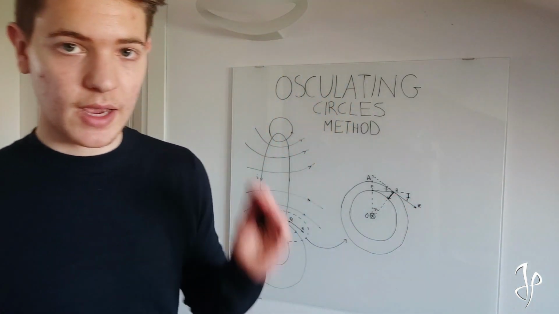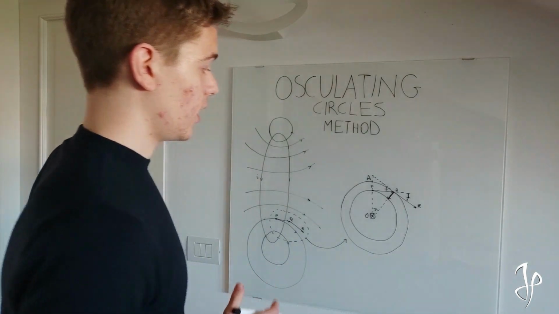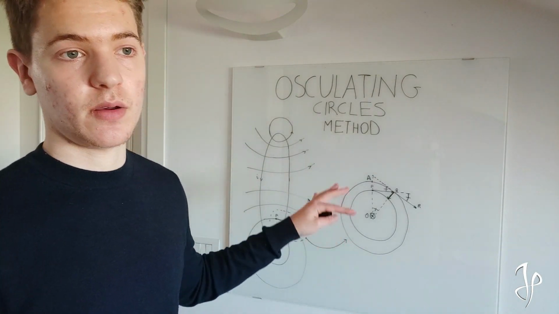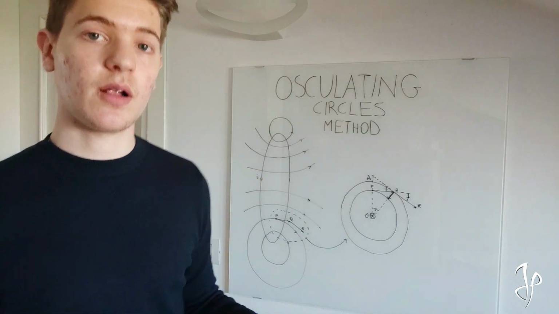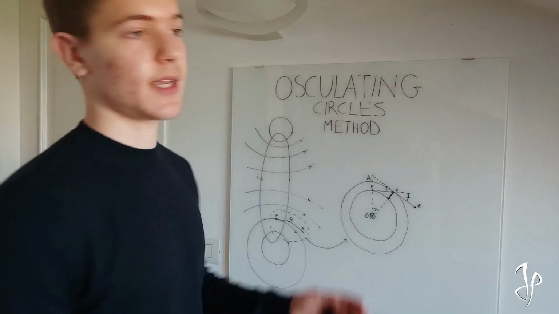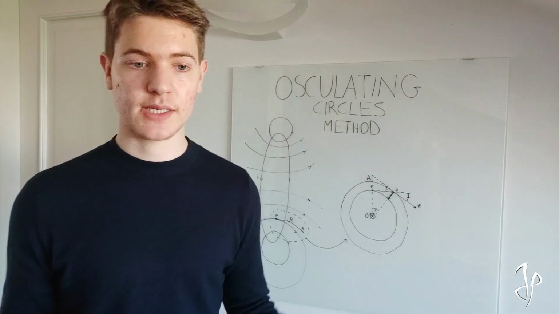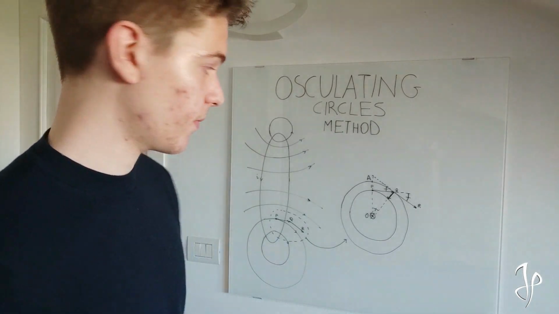Because the idea behind the osculating circles method is that if you approximate the local development of the magnetic line as a concentrical development, which is again an approximation, but in all cases an extremely valid approximation.